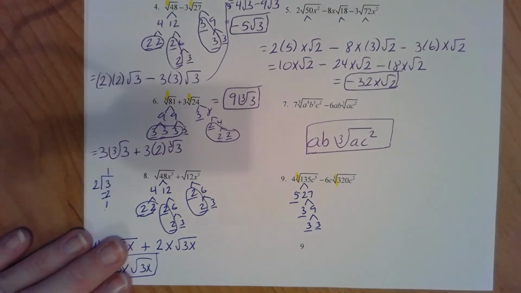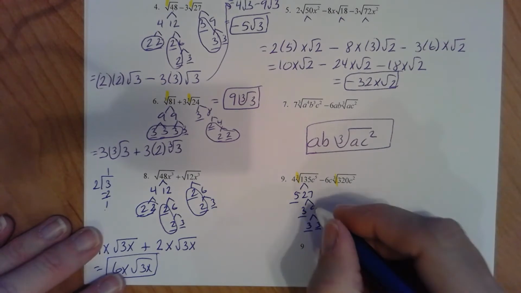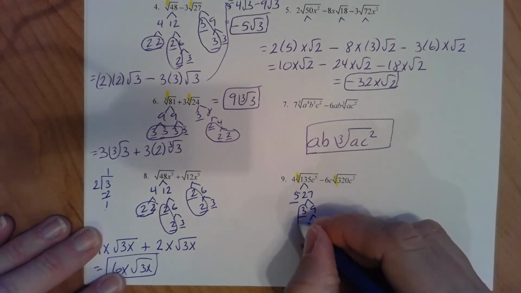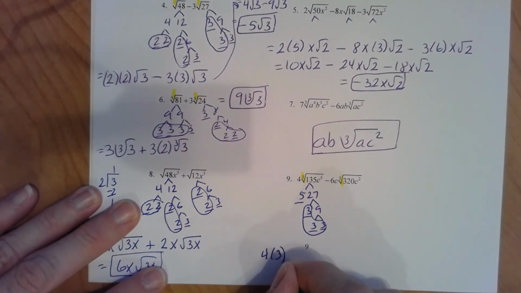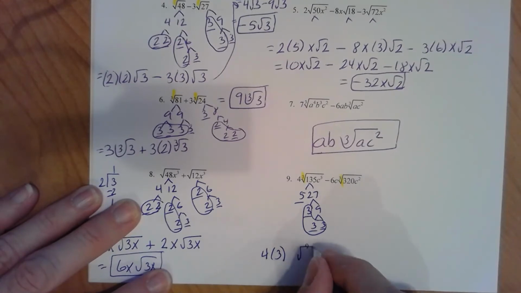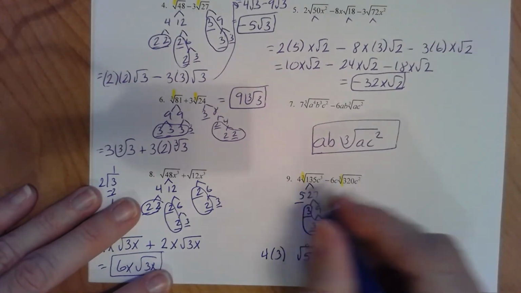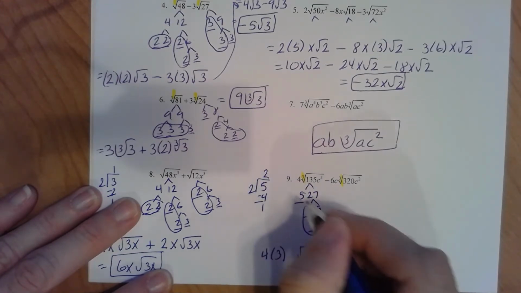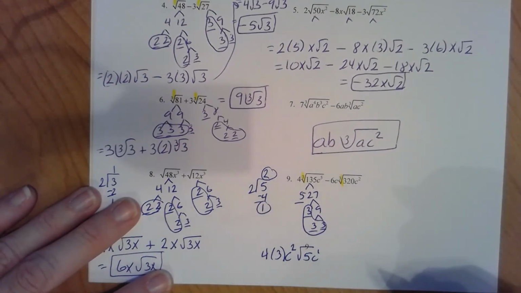Your index is a 3, so cubed root of triplets. So we have a triplet of 3's. So 3 comes out, but what's already out there is a 4. So 4 is out there, a 3 comes out, leave a little bit of space for the variable, and a 5 stays underneath. We have a power of 5, so 5 divided by 3 can go once with the remainder of 2. So that means c to the first comes out, and c to the second is left underneath.